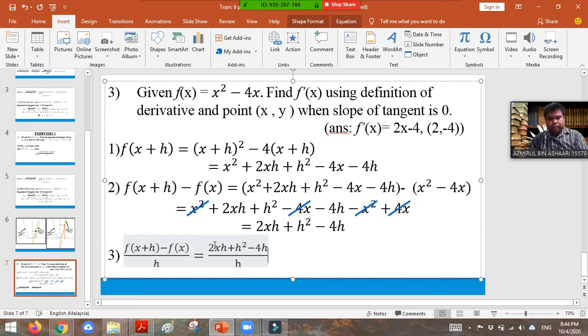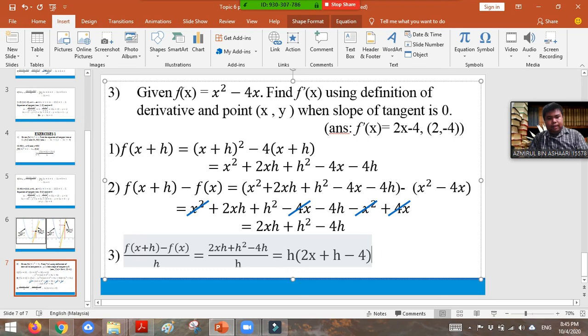And of course I can factorize it. I take out h, h from this one and this one. Take out every h from this one, and the inside of the bracket becomes 2x for this one, this one just becomes plus h, only one h, and for this one becomes negative 4.